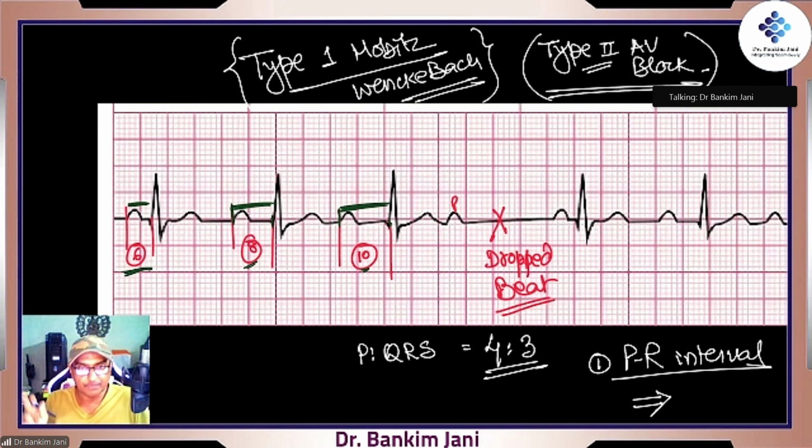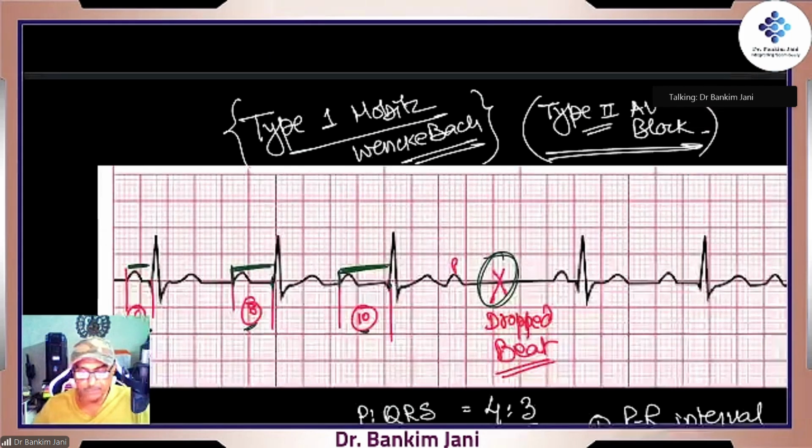It is increasing. And then there is a drop. This is classical type 1 Mobitz. Got it? So this is what is called as the type 1 Mobitz. You have to just watch for gradual increase.